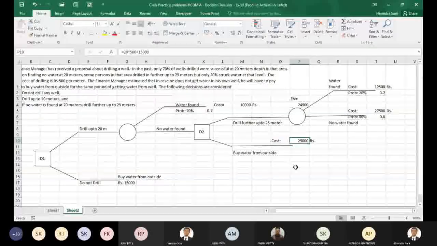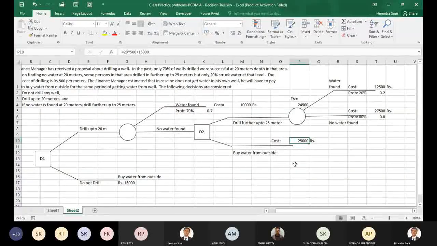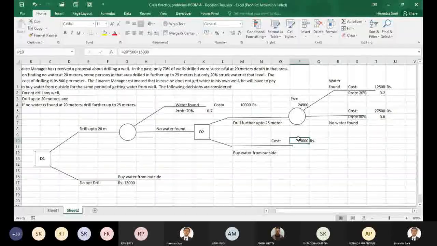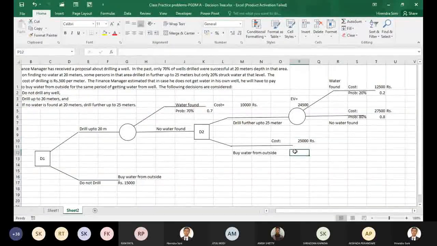So 20 into 500 plus this. So whichever is your lower cost, since we are talking about cost, you will take that. If we were talking about profits, we would take the higher value. Are we clear?